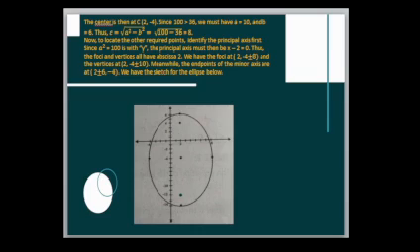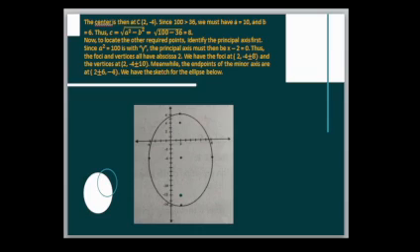Now to locate the other required points, identify the principal axis first. Since a squared equal to 100 is with y, the principal axis must then be x minus 2 equals 0. Thus, the foci and vertices all have the abscissa 2, or the x value 2.